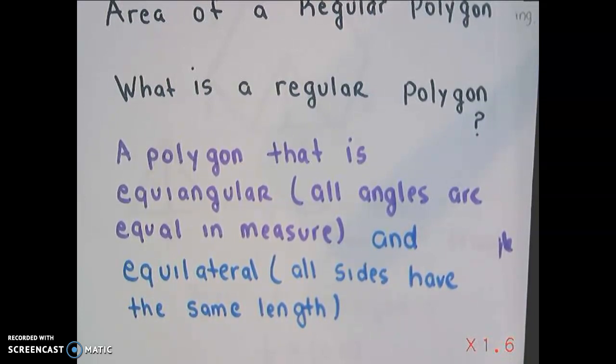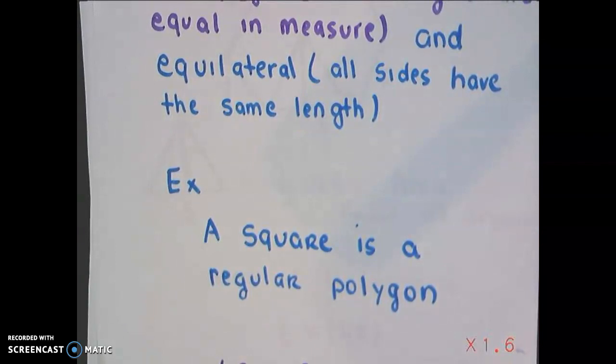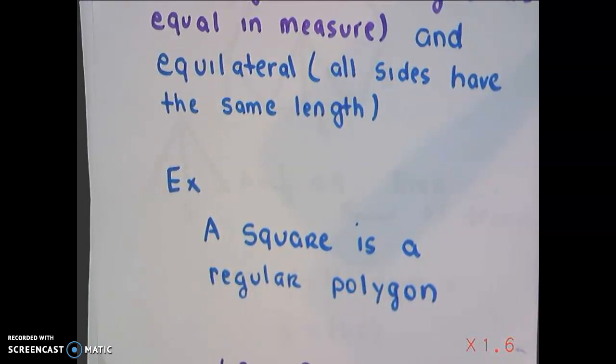One polygon that you should already be familiar with is a square. A square is a regular polygon. We know that all the sides of a square have equal length, and all the angles have the same measure, which is 90 degrees.